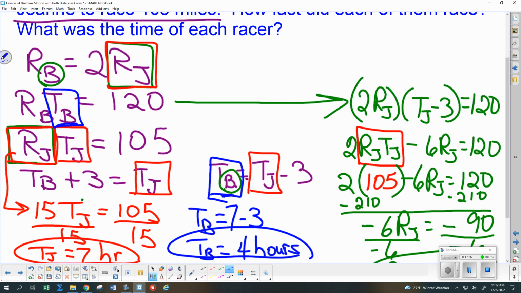So I just need RB. I can either do RB as 2 times RJ, or I can do RB times my 4 is 120. I don't care which one. Which do you prefer? Sonia, which one do you want us to use?